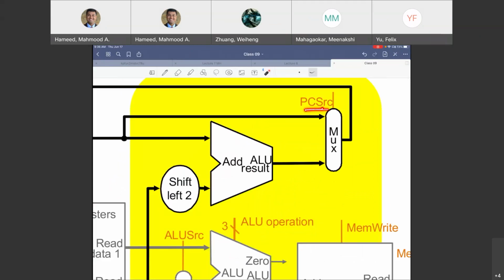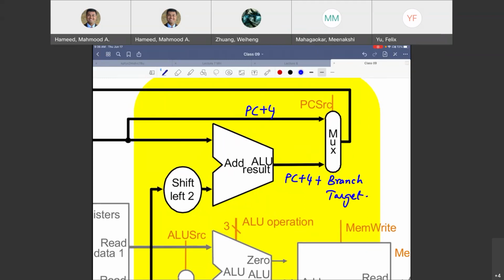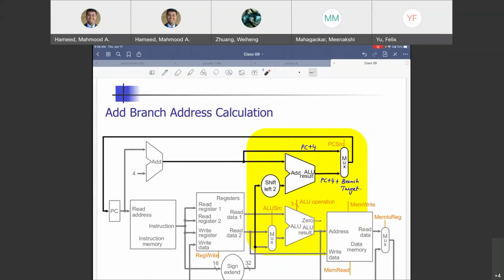So PC source is another control to a mux where you are either selecting PC plus 4, no branching, or you are selecting PC plus 4 plus branch target. Right. So you see this? PC can get updated using two things, this or this, depending on what PC source is.